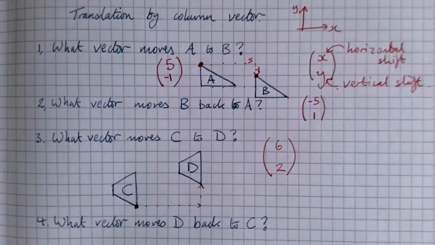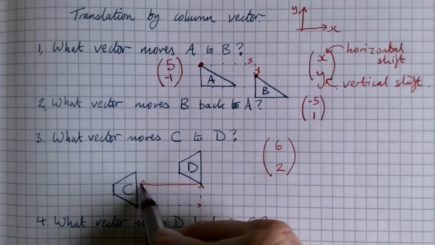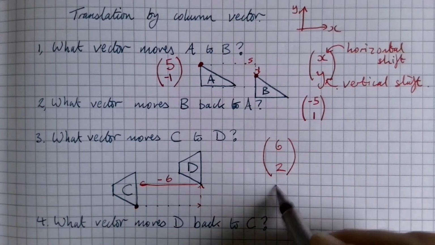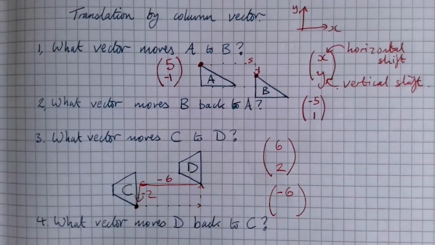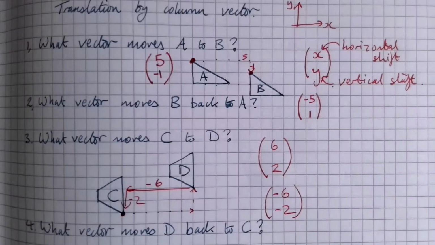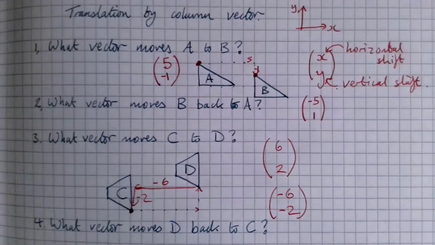So that'll be +2 there. The vector that moves D back to C would be 6 left, which is -6, and 2 down, which is -2. Okay, so far that's all stuff that we'd learnt before.